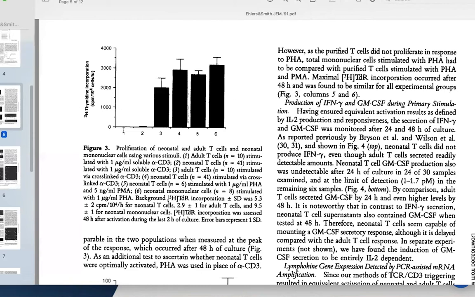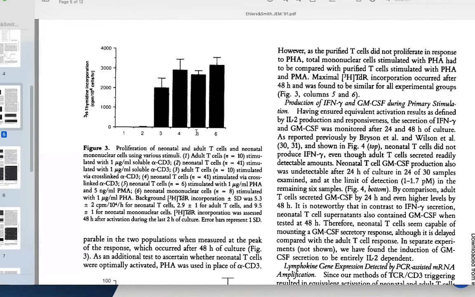Lanes 1 and 2 are adult T cells, purified, nothing else except T cells, and cord blood T cells that have only been given soluble anti-CD3, and you get no proliferation. And here in lanes 3 and 4, we have adult and cord blood T cells that have been cross-linked with the Petri dishes and the mouse antibody.